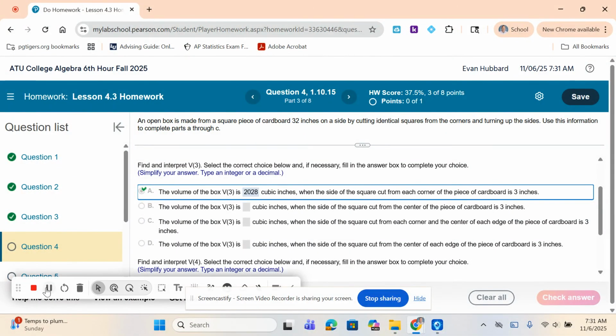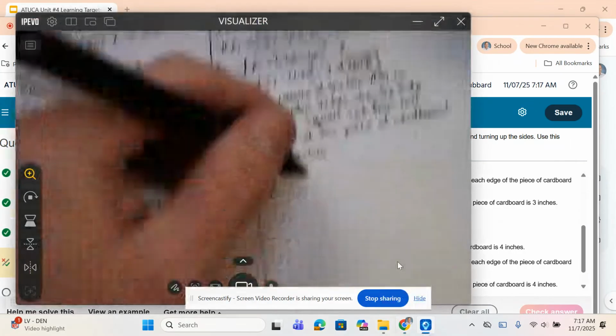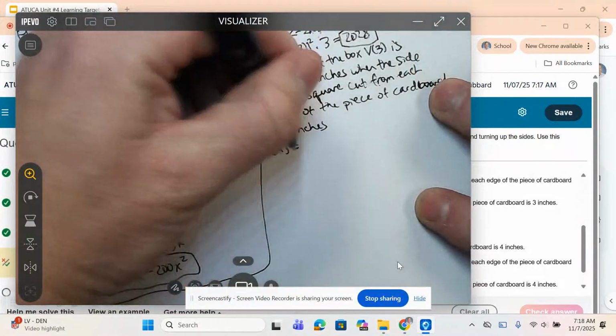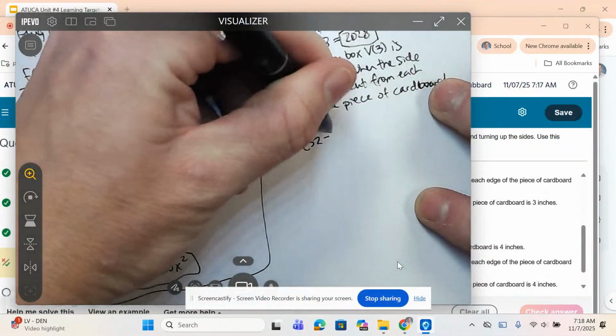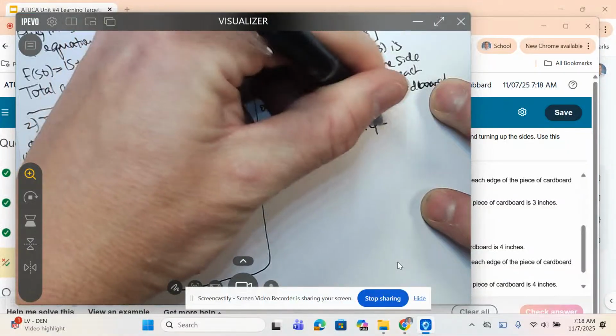So now we have to find and interpret V of 4. We'll go back to our equation. So it's going to be 32 minus 2 times 4 squared times 4.